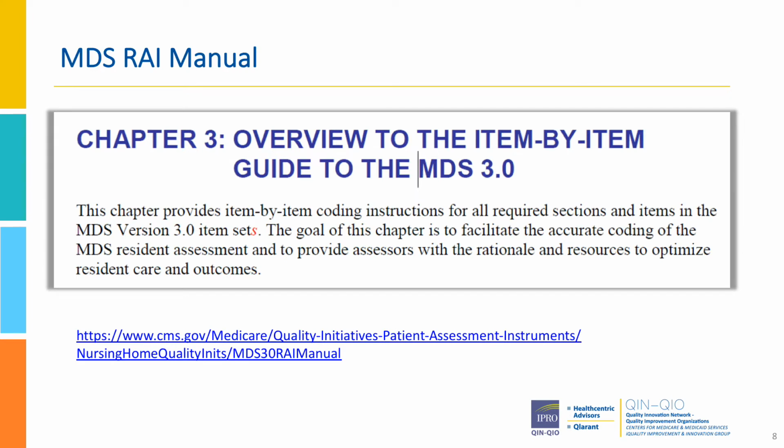I just mentioned about the MDS RAI Manual being over 1,300 pages, but I want to drill that down a little more. On this slide, you will see the link that takes you to the entire manual. However, specific to this presentation, my focus goes specifically to Chapter 3 of that manual, the chapter that provides item-by-item guidance to the MDS 3.0.